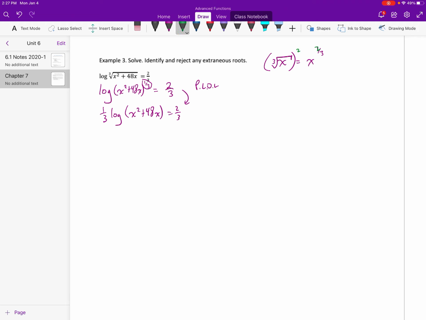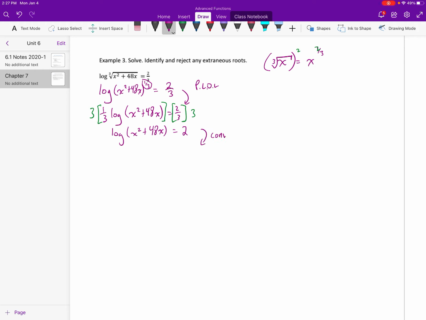If we want to get rid of the 1/3, we can multiply this side by 3 and this side by 3. 3 times a third is 1, so we would just be left with log x squared plus 48x. On the right side, 2 over 3 times 3 is just 2. Much simpler statement.